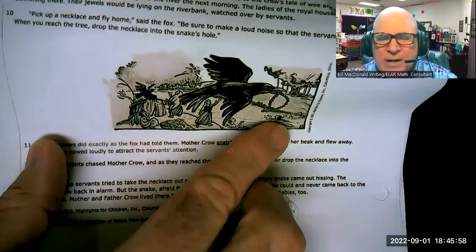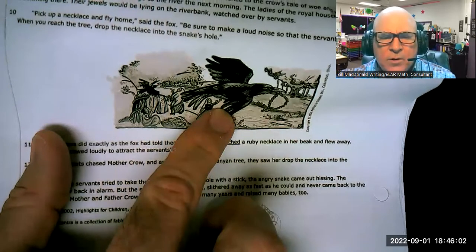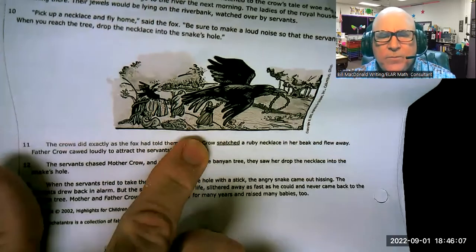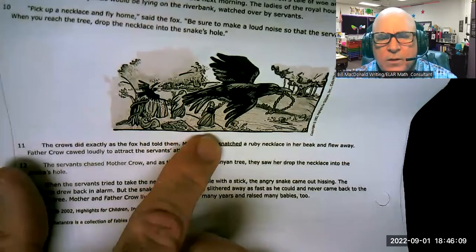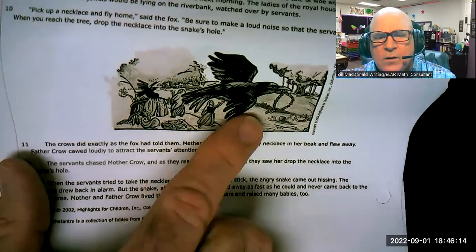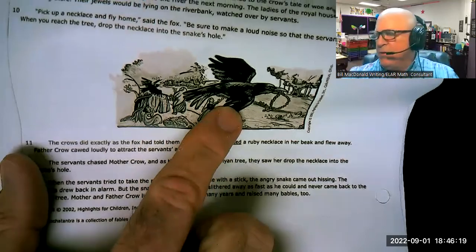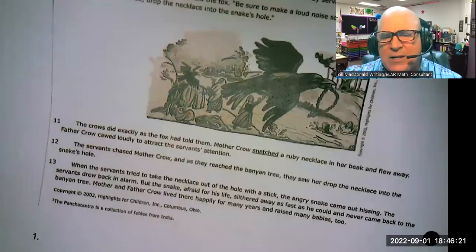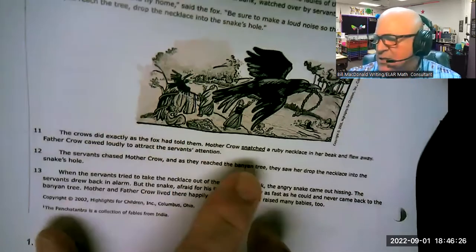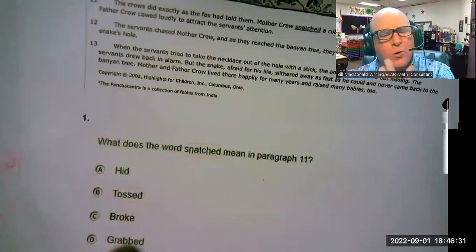And if you look right behind the bird, you can see the person holding her hands out so that the student can read between the lines that snatch means to grab. So that's how I would recommend that you do for number one.